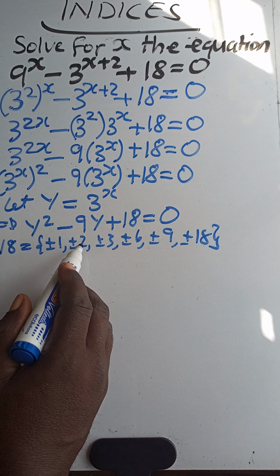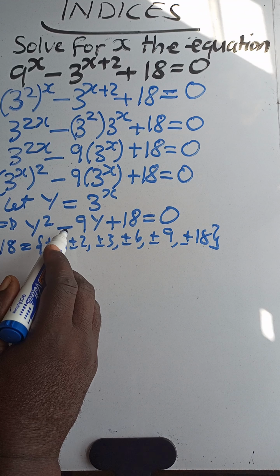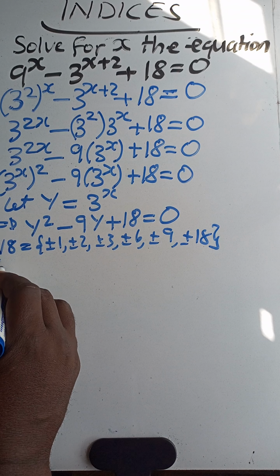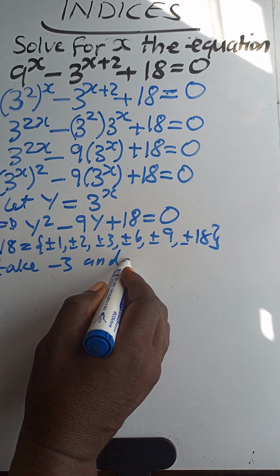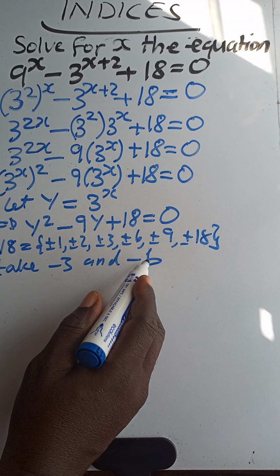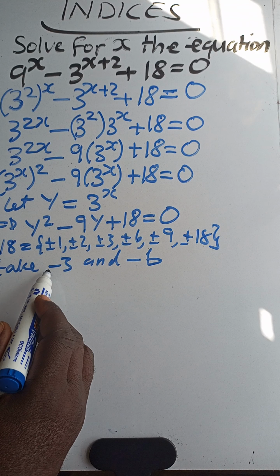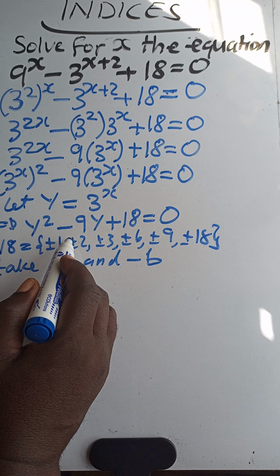If looking at it very well, we'll see that the two numbers whose product is 18 and sum negative 9 will be negative 3 and negative 6. The product of negative 3 and negative 6 gives us positive 18. The sum of negative 3 and negative 6 gives us negative 9. All right?